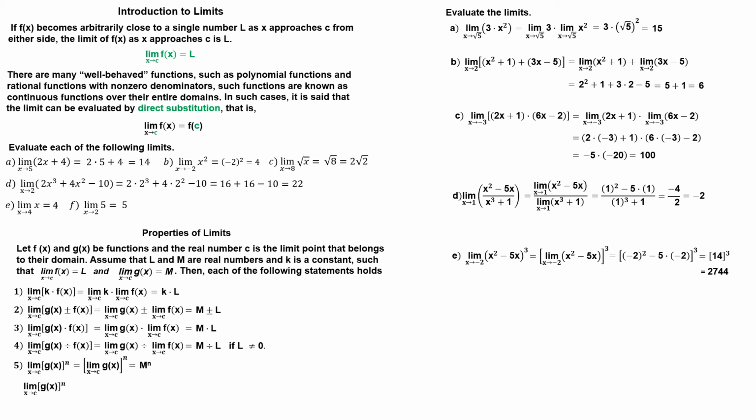In this property, n can be any real number. In the case that n is an integer, this rule can be thought of as a special case of the property 3.